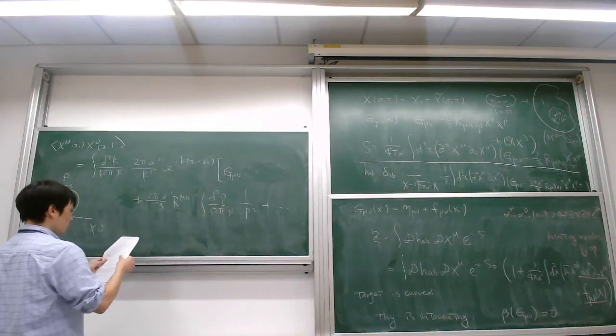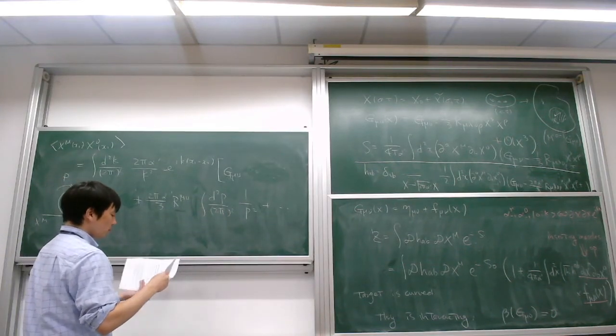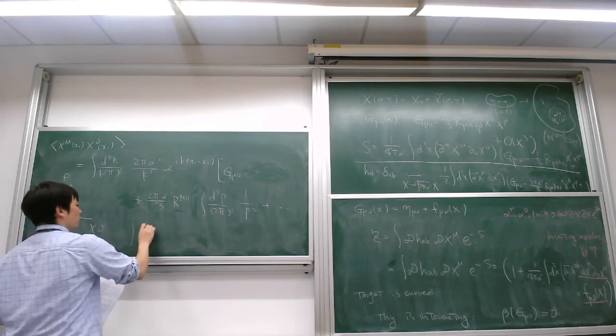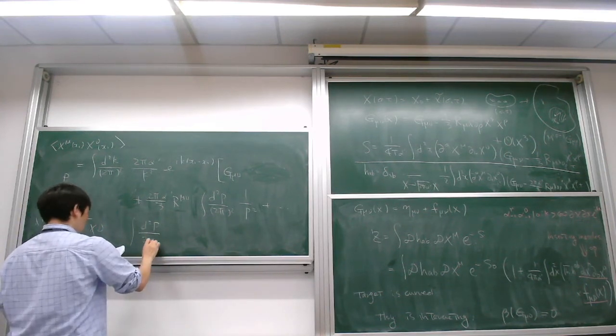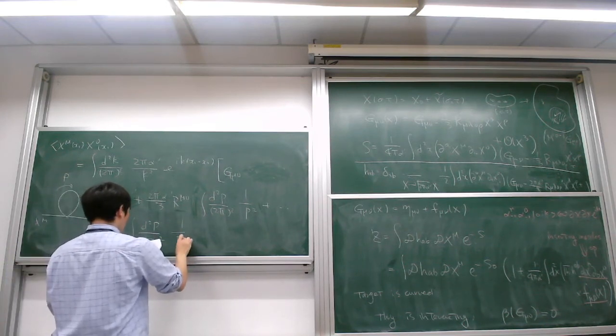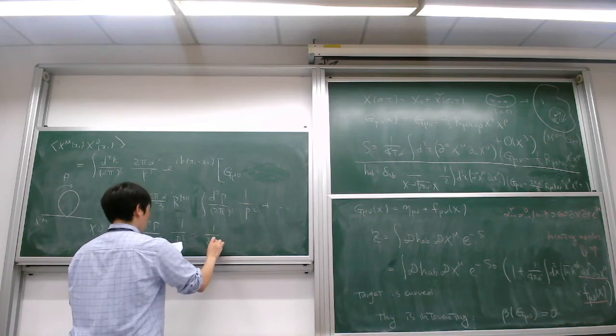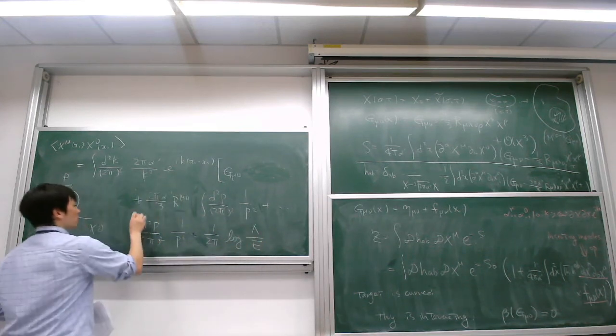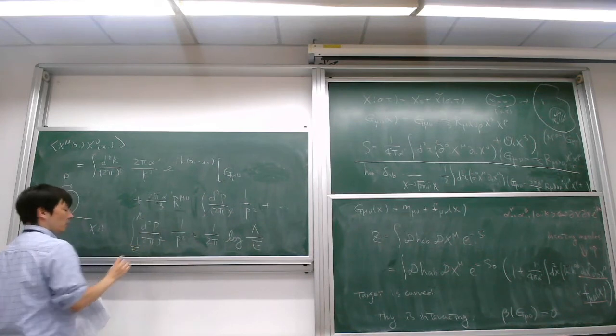So plus dot, and you can use, unfortunately I don't have so much time, just ordinary regularization in field theory. The integral d squared p over 2 pi squared, 1 over p squared, is 1 over 2 pi log divergence. So you just have a cutoff, epsilon.